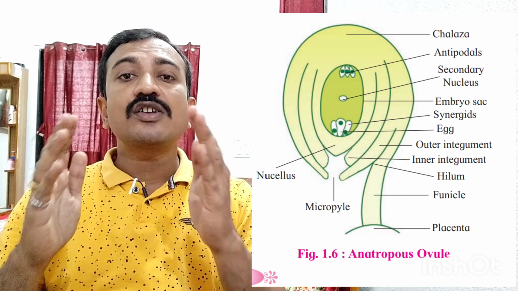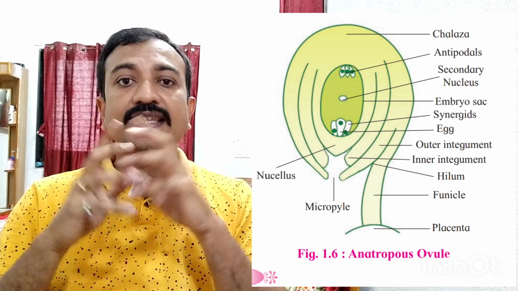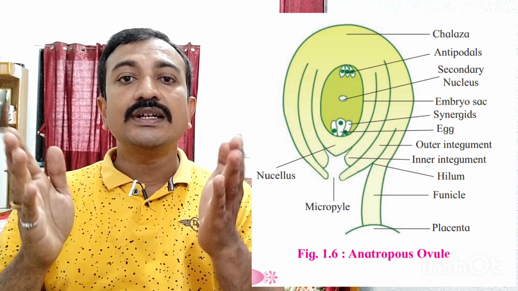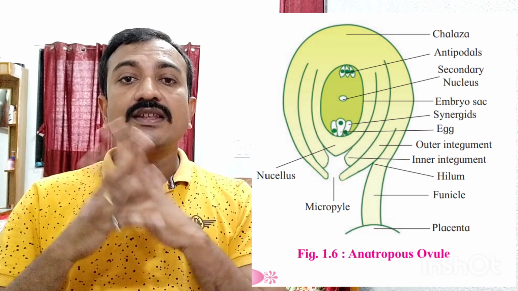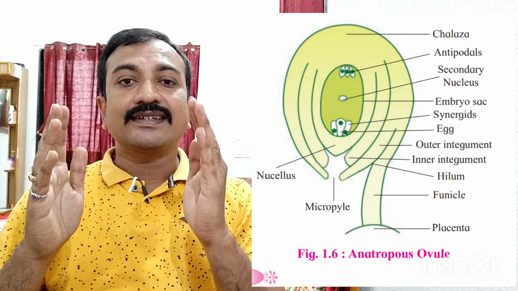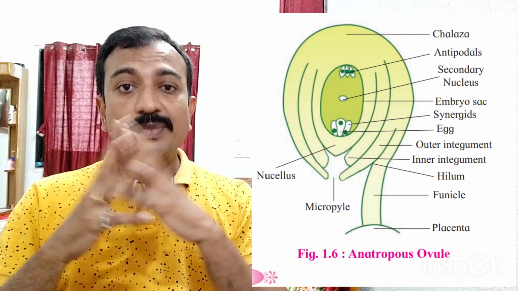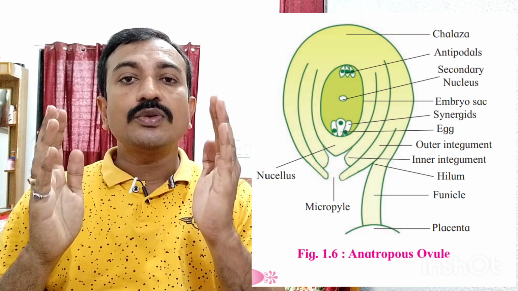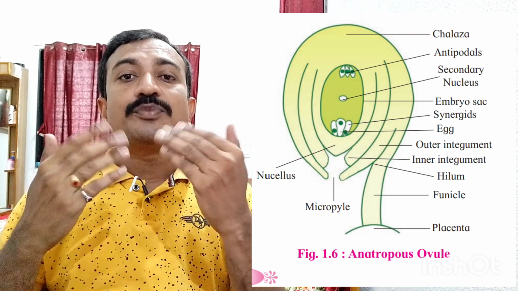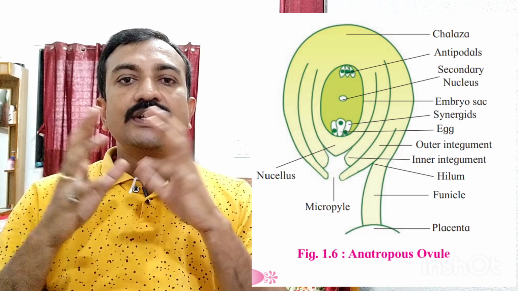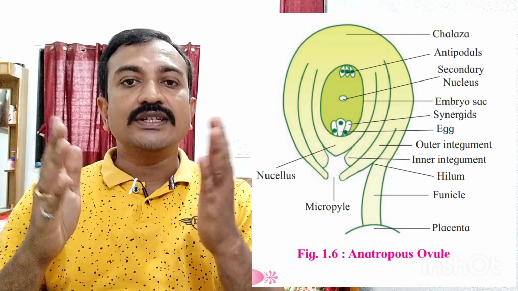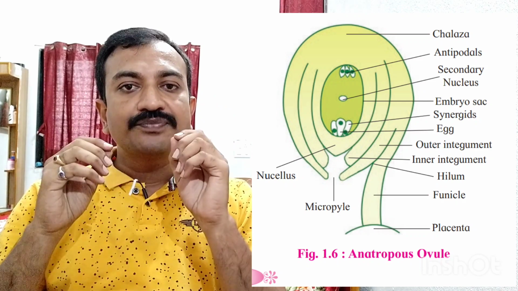Integuments are hard and protective in nature, and they give protection to the inner part of the ovule, that is the nucellus. Nucellus is another part of the ovule that is delicate, and inside the nucellus the development of the female gametophyte occurs. That delicate region needs protection, and the integument gives protection to the nucellus and the embryo sac present in it.